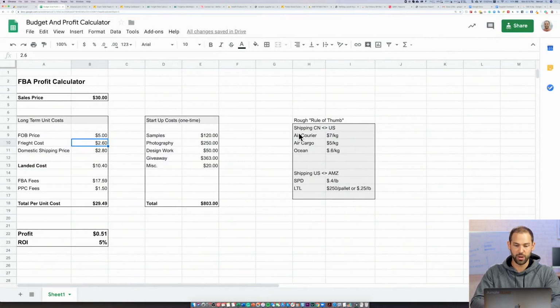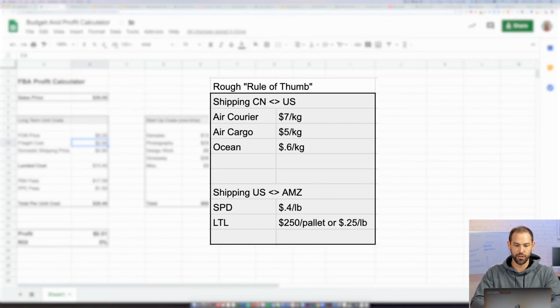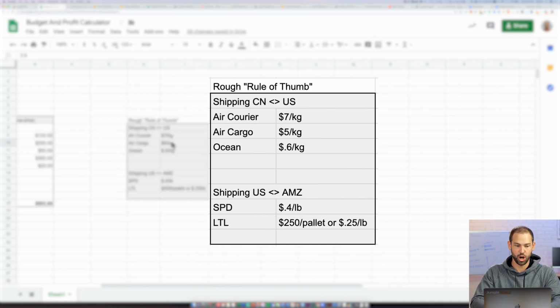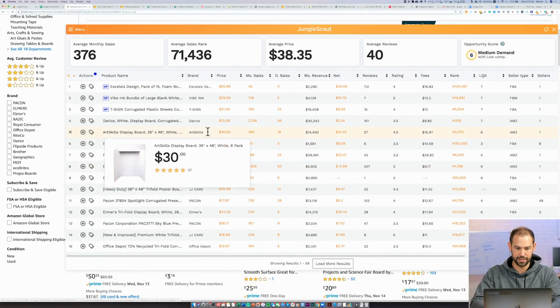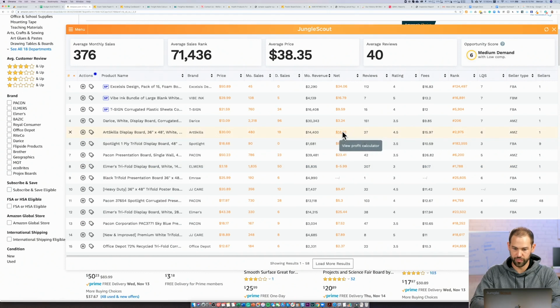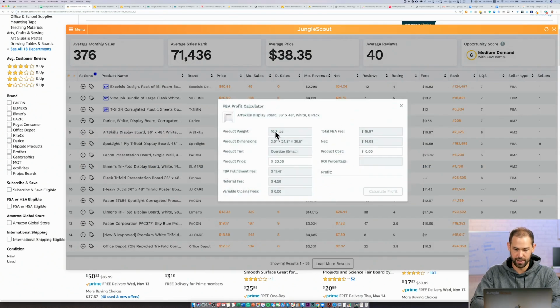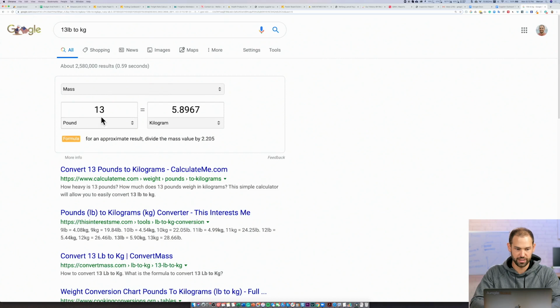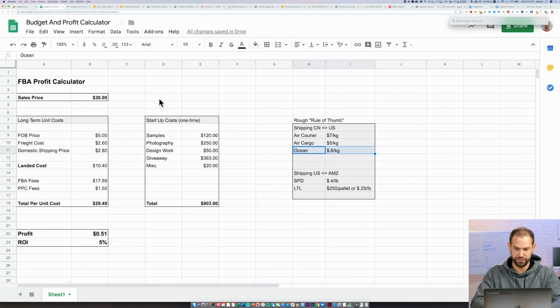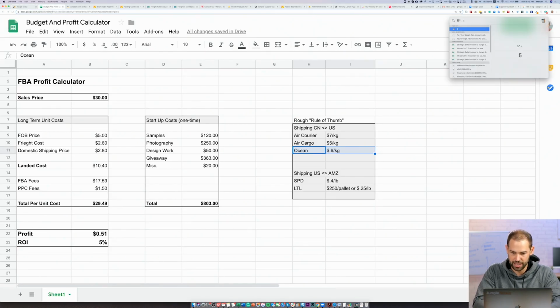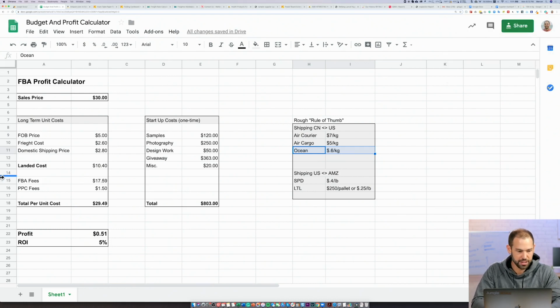For freight costs, we have some rough rules of thumb over on the right-hand side, so I would be shipping this ocean since it's quite heavy. So let's go back and let's take a look at the weight. Again, I can just click on net, 10.8 pounds. Let's convert that. It's about 5 kilograms. So we're going to do 5 kilograms times 0.6 is $3.